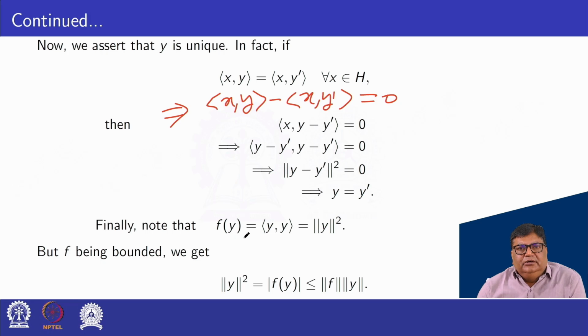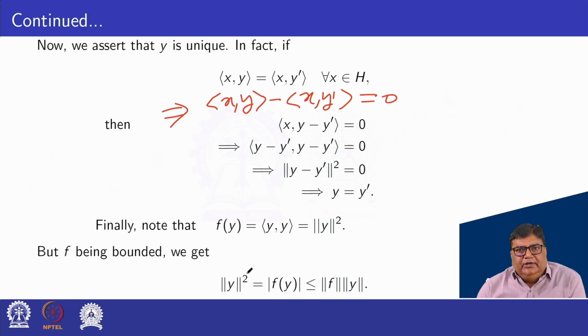Finally, note that f(y) is equal to inner product of y, y. Suppose x is equal to y. So f of y is equal to inner product of y, y, that is norm of y square. Being bounded, we get in the reverse way, norm of y square equal to mod of f of y, because this is a positive value.